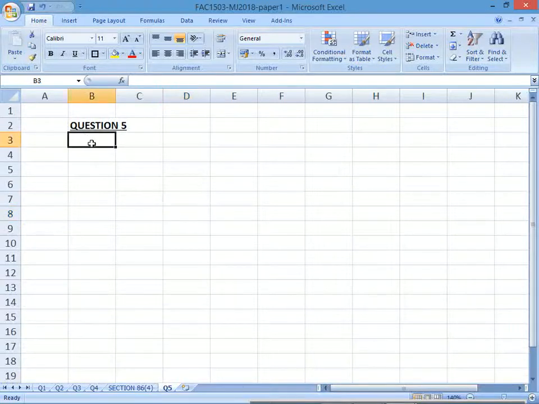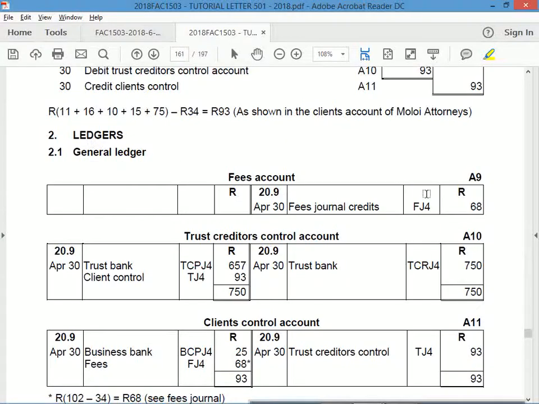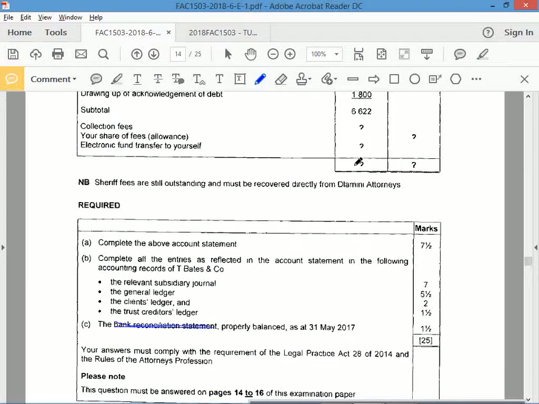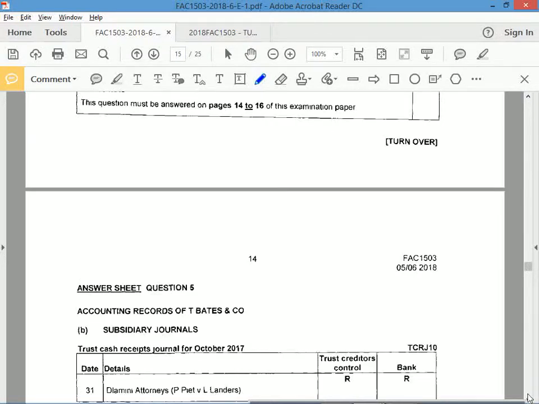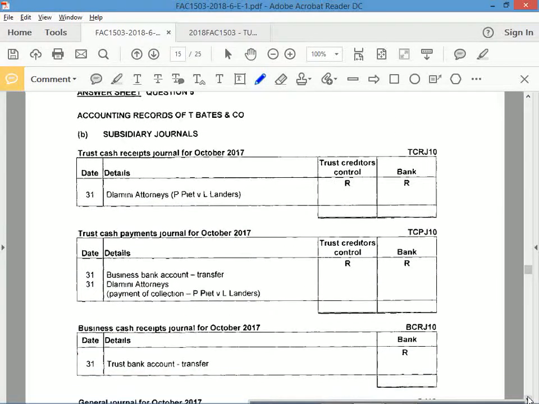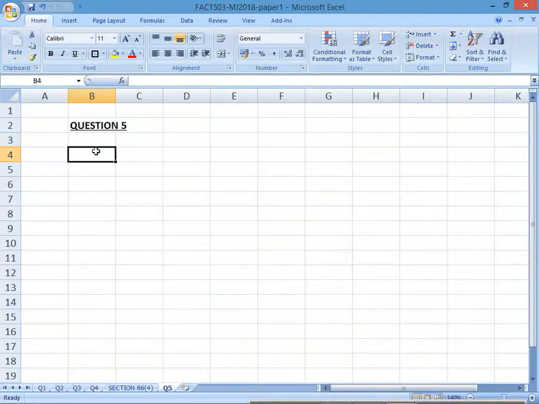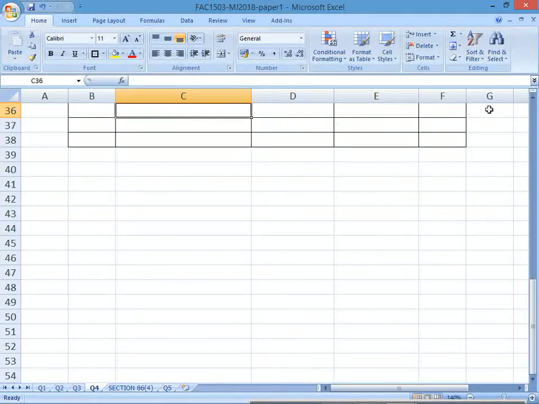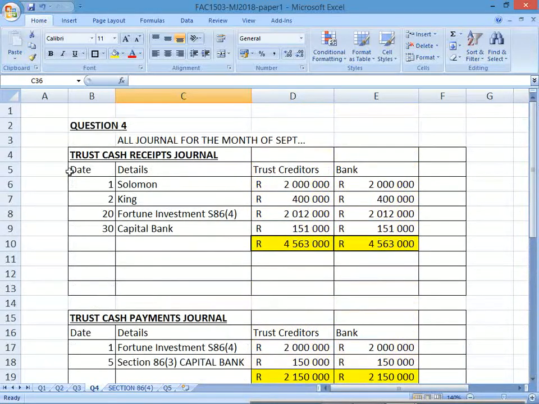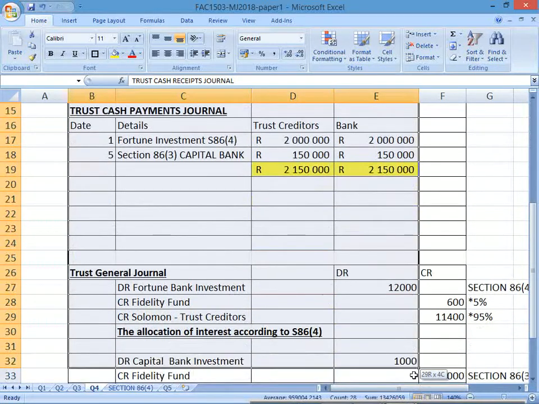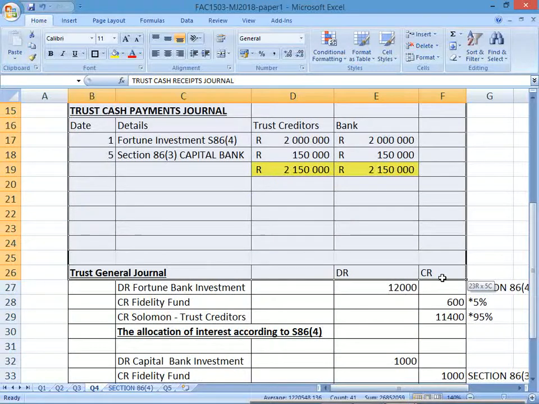They've given you a template, so you can actually use that. So I'm going to use it. Let's go back to the textbook. The journals: trust cash receipts journal, copy paste. Trust cash payments. Did they ask for a general journal?